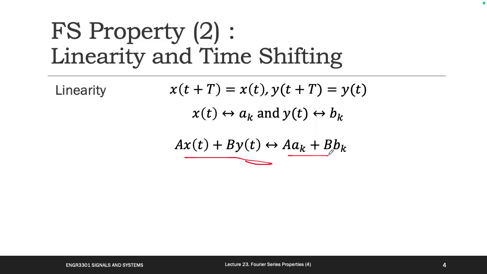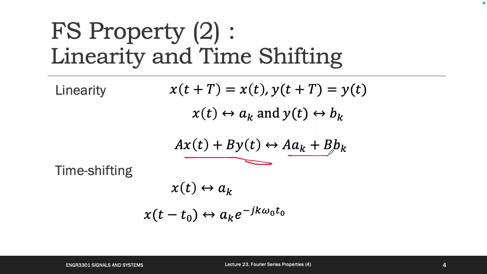Does that make sense to you? This linearity property is very common to use. And time shifting means if you have a signal whose FS coefficient is a_k, then after time shifting, you can easily get the new FS coefficients for the new signal.